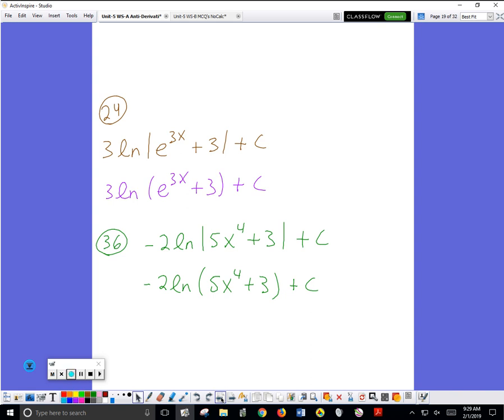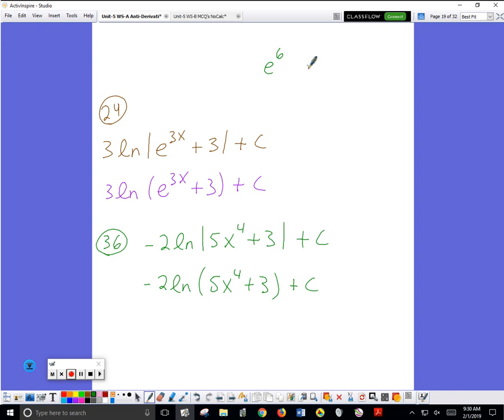Wait, so were E's negative? Are E's only negative if there's a negative? Now remember, E is just a number, like 2.7. Think of it this way, Brennan. If I take E to 6, that's 2.7 to the 6th, that's positive.